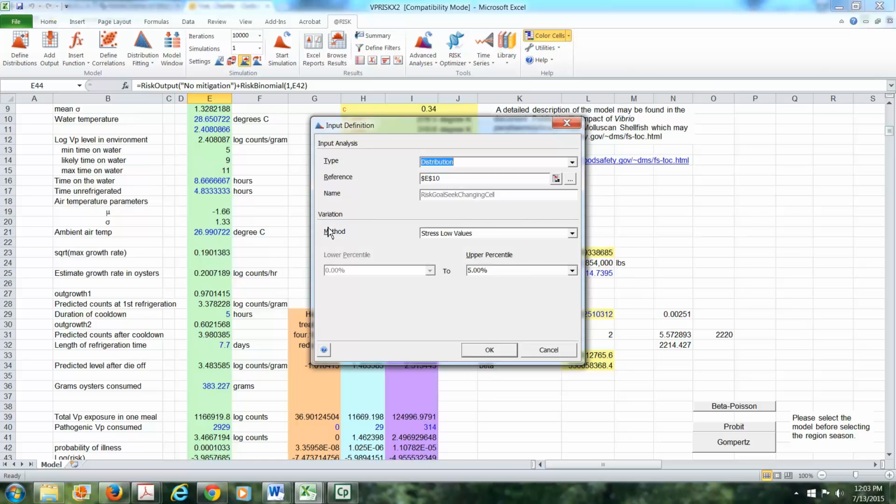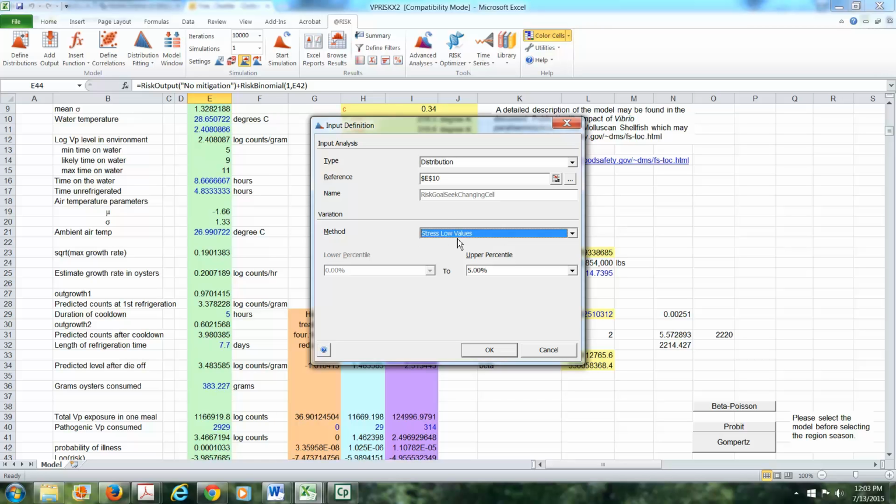And what I want you to see down here is the variation. We have a method to choose here, and we can stress low values, high values. You can use a custom range of values, or you can put in an entirely different distribution. So basically what we're doing with the stress analysis is we're going to say, when you get to water temperature, I would like you to do all of the sampling from low values.